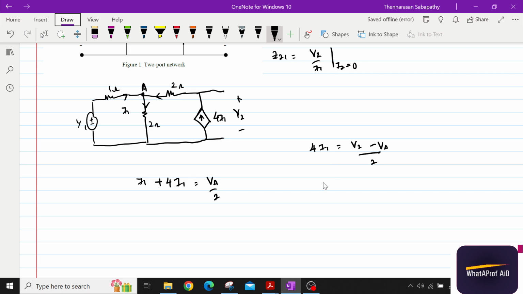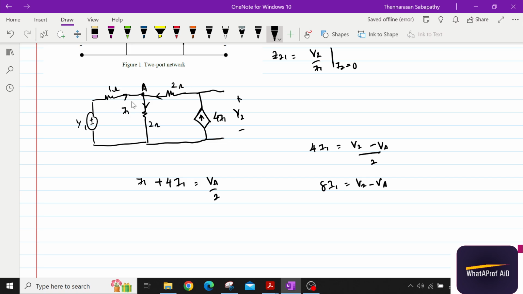So 8I1 equals to V2 minus VA. Maybe we have a V2 over here, so we can use it to find the Z21, and for this case I think we can proceed with I1 plus 4I1 equals VA over 2.